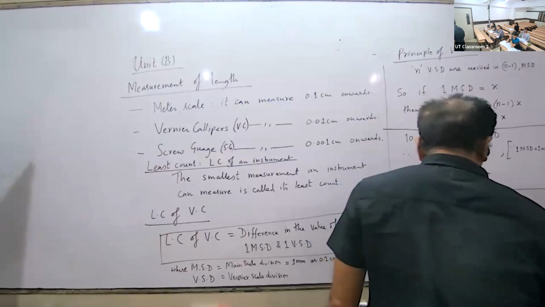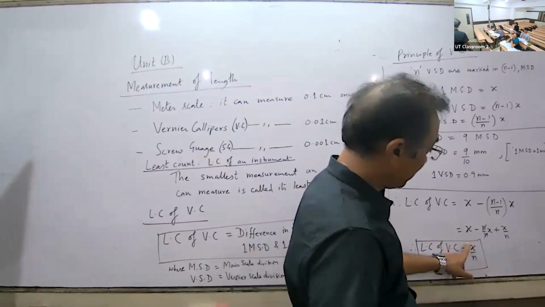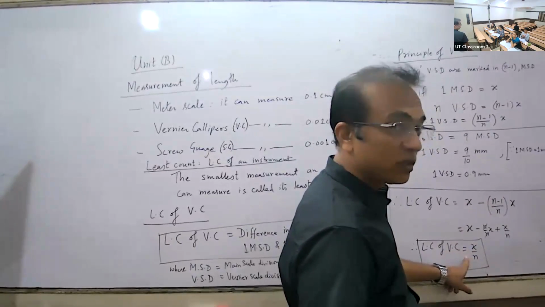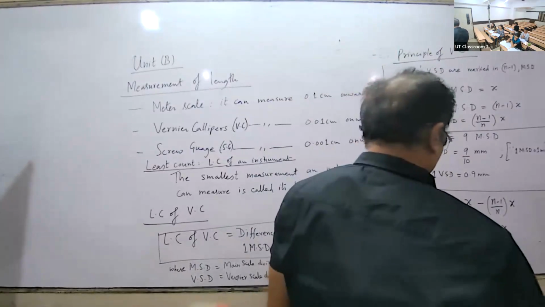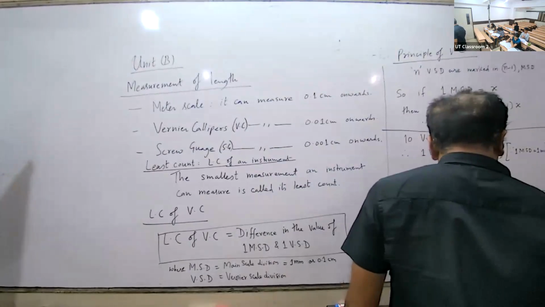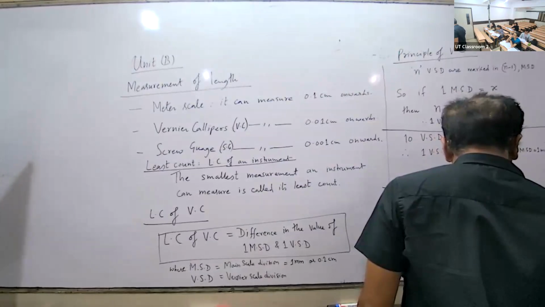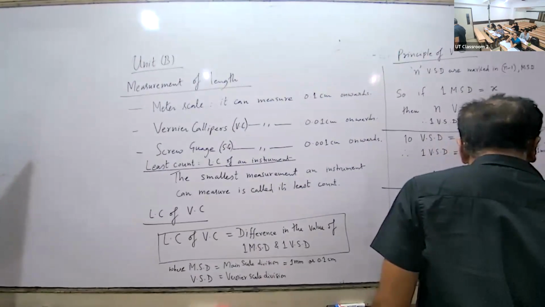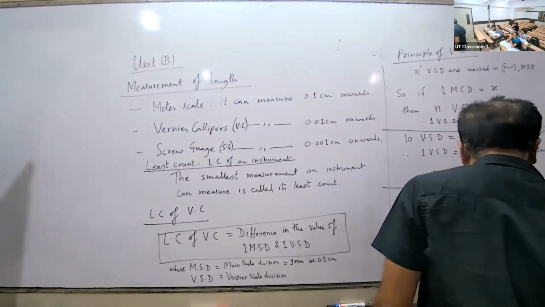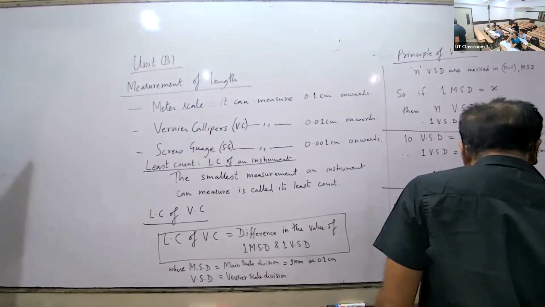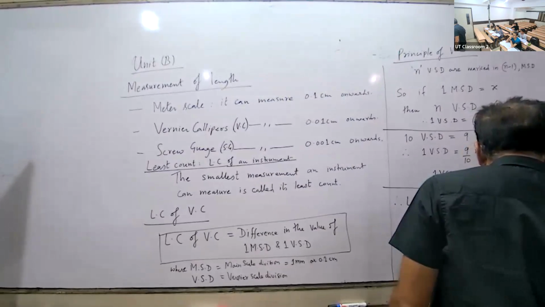What is x? x is the value of one main scale division, divided by the total number of divisions on the vernier scale. That is it. So the least count is one main scale division divided by the total number of divisions on the vernier scale.